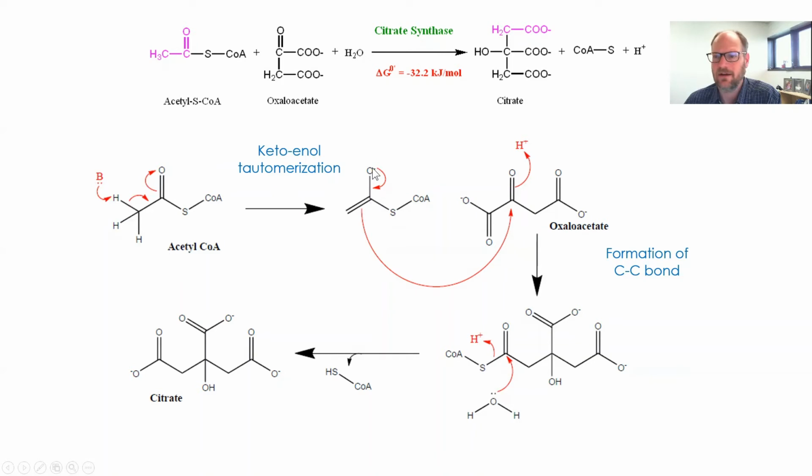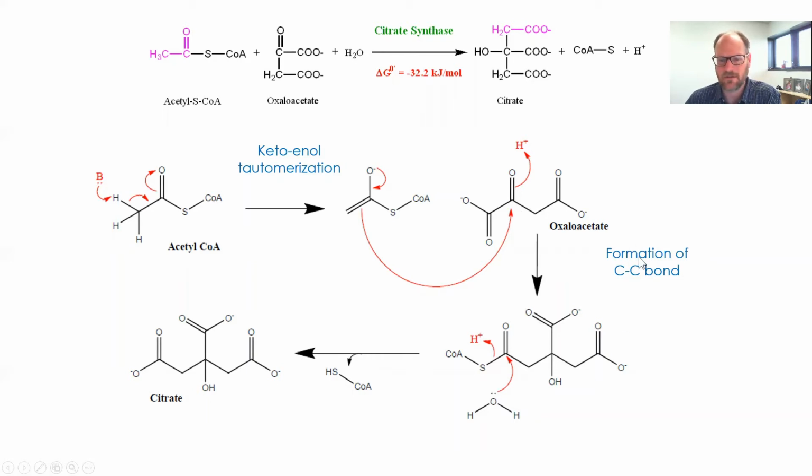Then the lone pair of electrons resonate down here, making an excellent nucleophile, which attacks this carbonyl at this position on the oxaloacetate, the alpha position here, and that ultimately makes this intermediate here. The water then can undergo an additional elimination reaction here, which kicks off the CoA group, ultimately making your citrate molecule.